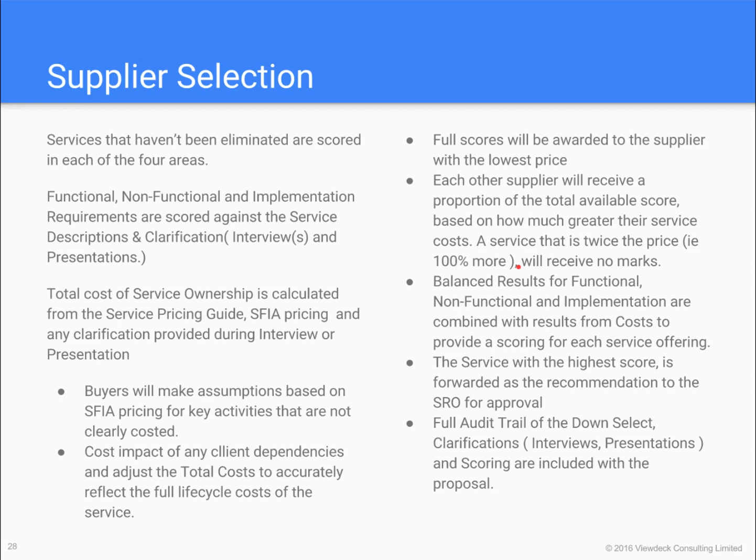The results for functional, non-functional, and implementation requirements are all based on a simple evaluation matrix, and then a weighting is used to help balance between the different requirements areas, those four different areas.